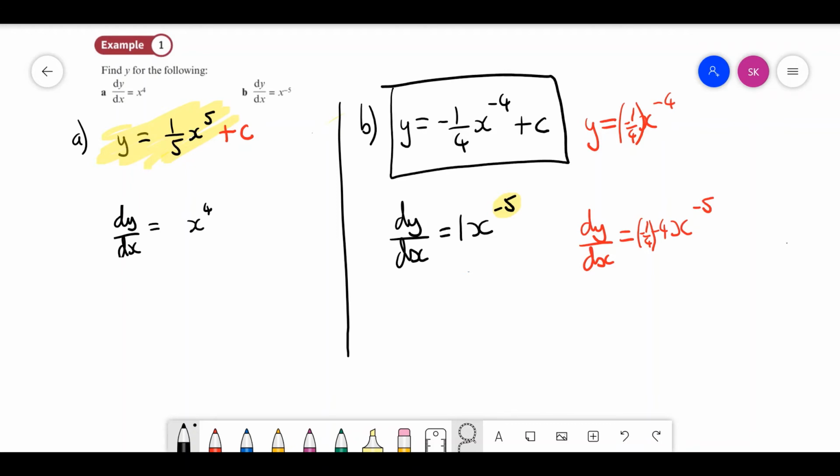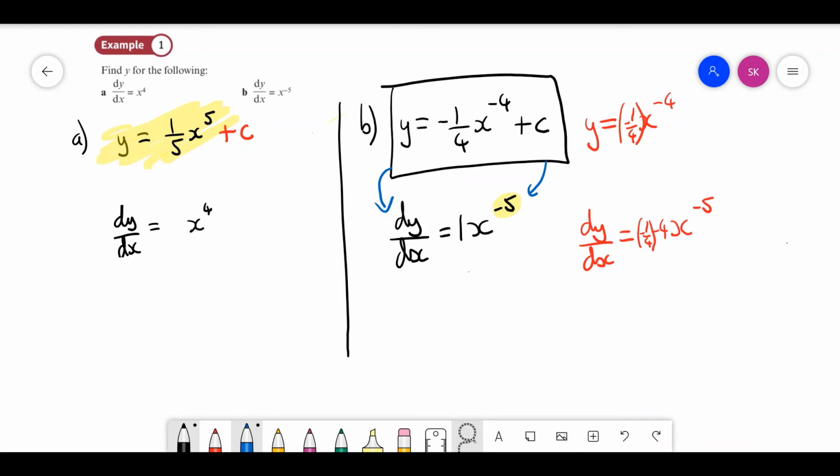How do you think we can check that this is correct, guys? Well, hopefully you're thinking straight away, let's just differentiate this to see if it does equal this. So you can pause the video and do that now. And hopefully you're clear that that works.